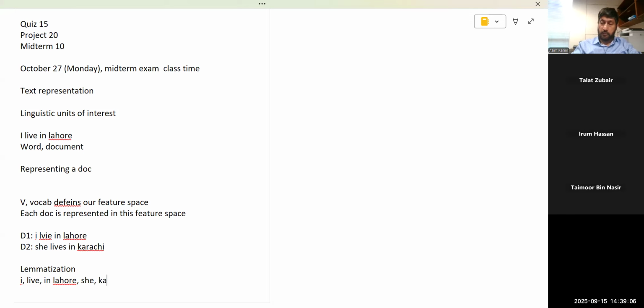In is already there, then we have Karachi. So you will have this vocabulary. Okay. And the vocabulary, as I said, is a set of features. You can give them IDs, first position, second position, third position, and then we can represent each document in these.